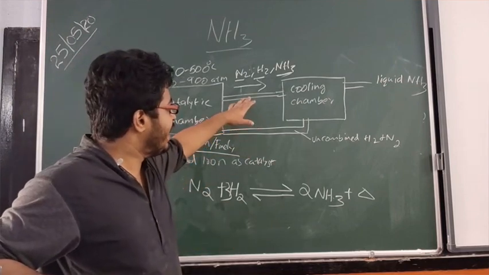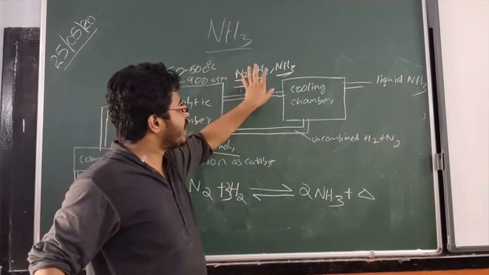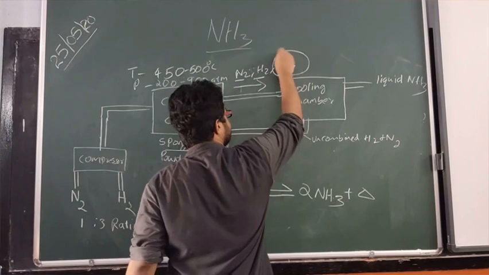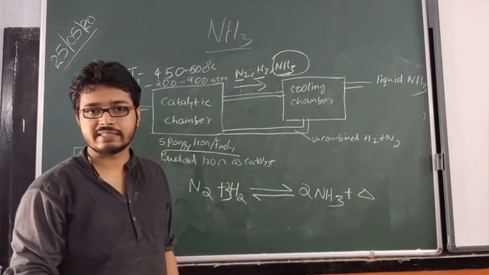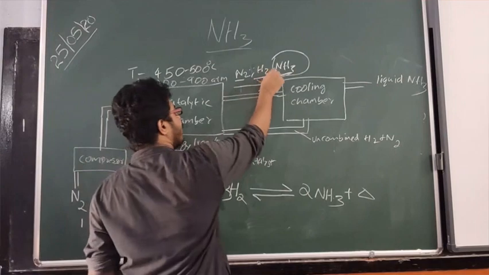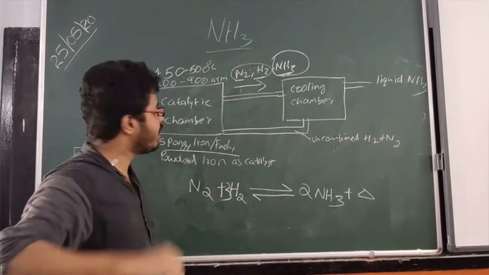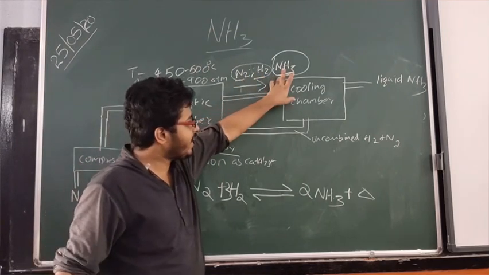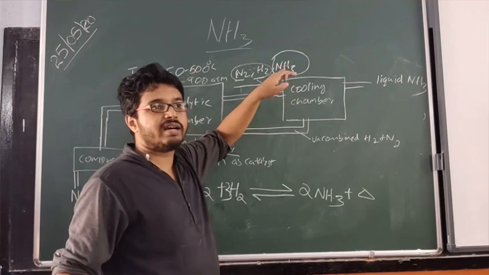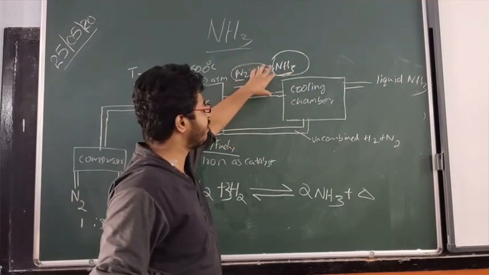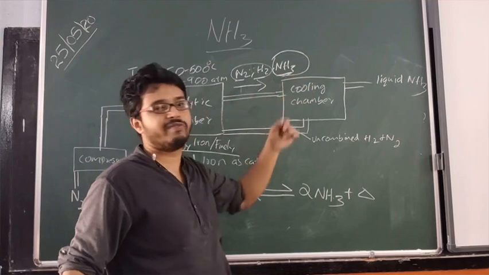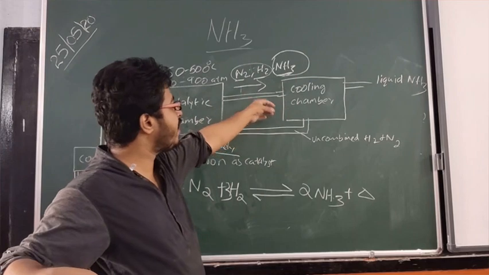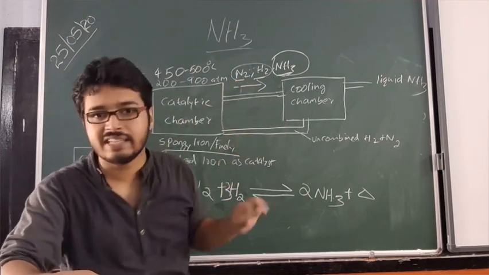If you compare these three gases, ammonia is one of the easily liquefiable gases, while nitrogen and hydrogen are not easily liquefiable. Ammonia can be liquefied at a somewhat better temperature compared to the other two gases.